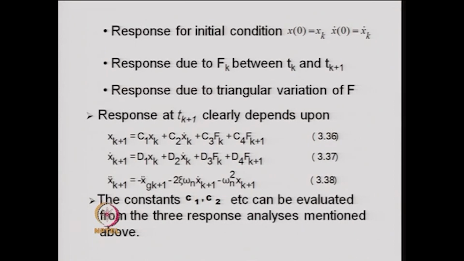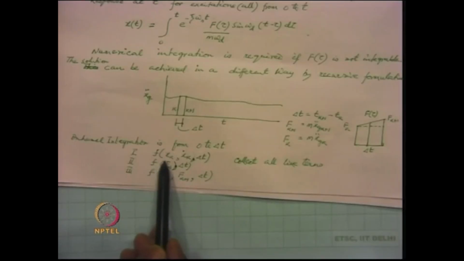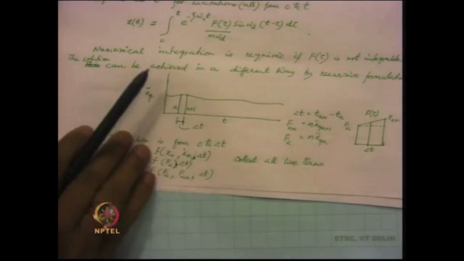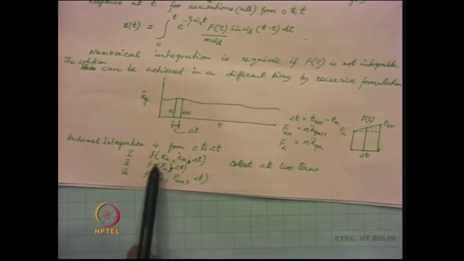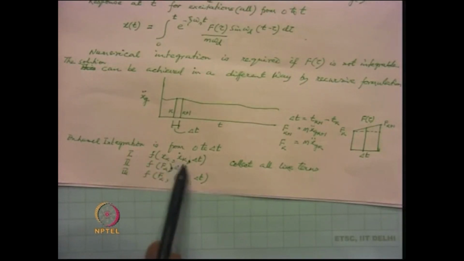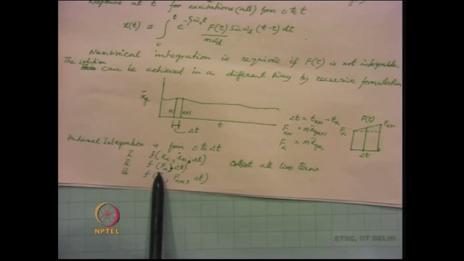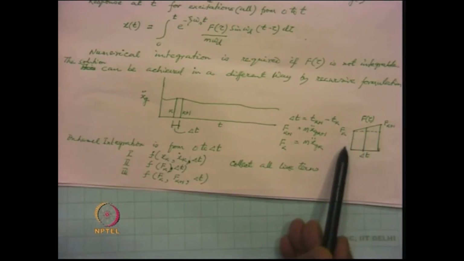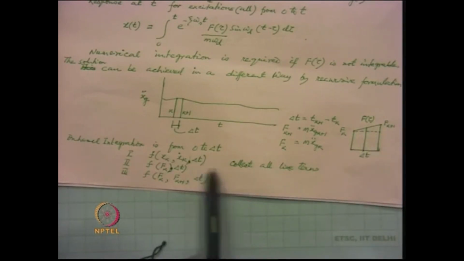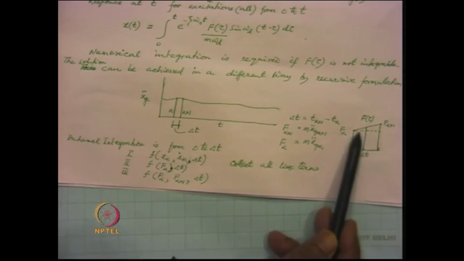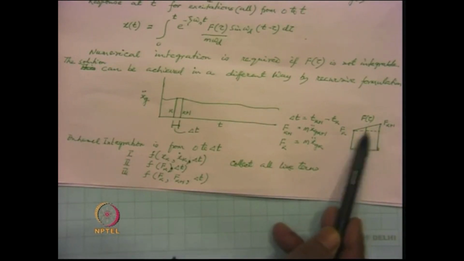Now, in this we can see that the first part of the solution, that is, for the initial condition, will be a function of x k, x dot k and delta t. The second part of the solution, that is, for a constant f k, a rectangular forcing function.